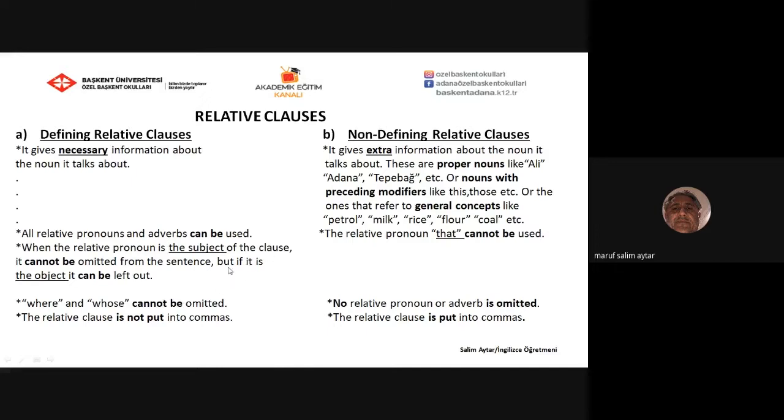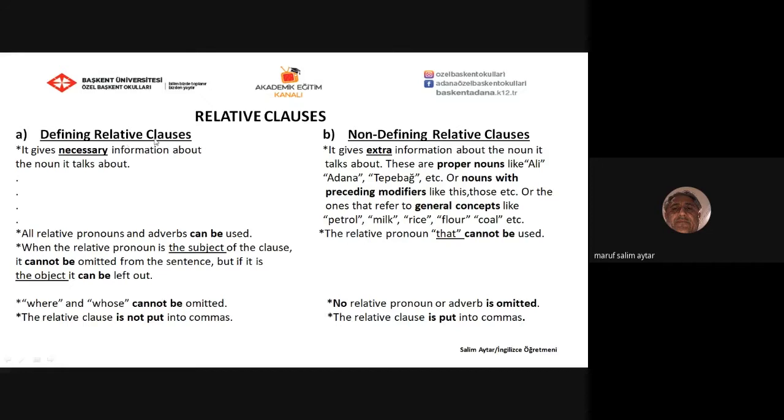But if it is the object, like which, whom, okay, it can be left out, okay? Also, where and whose in the relative clause cannot be omitted, okay? In the non-defining relative clauses, no relative pronoun or adverb can be omitted, okay?